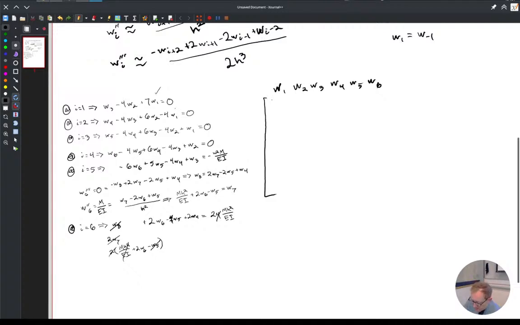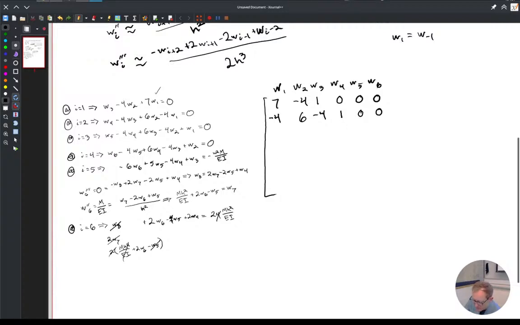So in my first one, I've got a 7W1, a negative 4W2, and a 1W3, and then a 0, 0, 0. And then in my next equation, I have a negative 4W1, 6W2, a negative 4W3, and a 1W4, and then 0, 0 there.